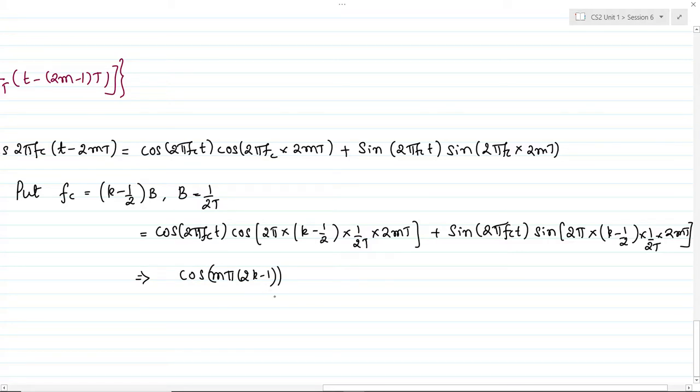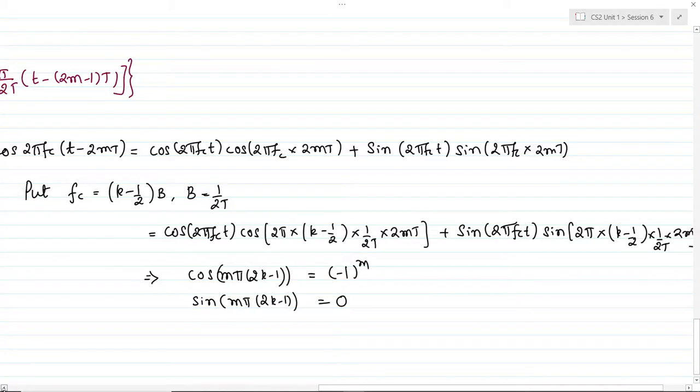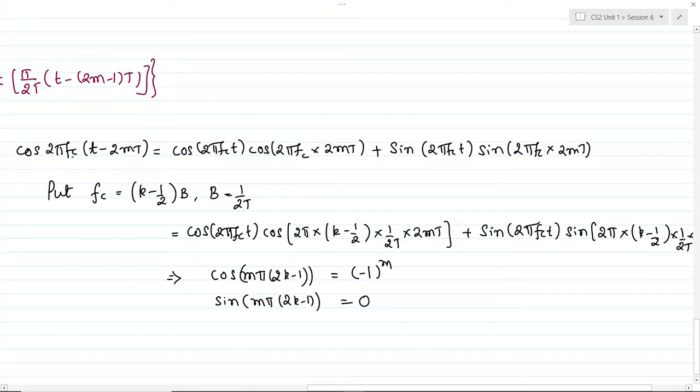So the left hand side, cos of 2 pi fc times t minus 2mt, will be equal to cos of 2 pi fct times minus 1 power m, and the second part is 0. That proves the equivalence of the multiplication of these two terms.